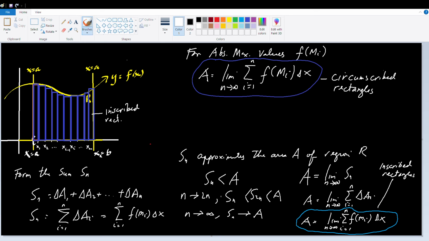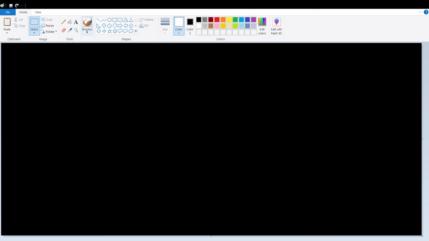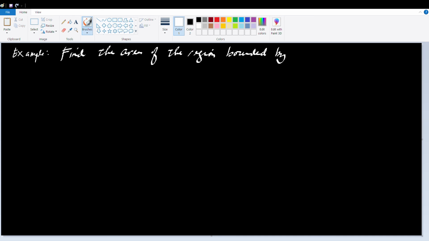Alright? So let us have an example. Find the area of the region bounded by y equal to x squared, x equal to 0, x equal to 2, and y equal to 0.